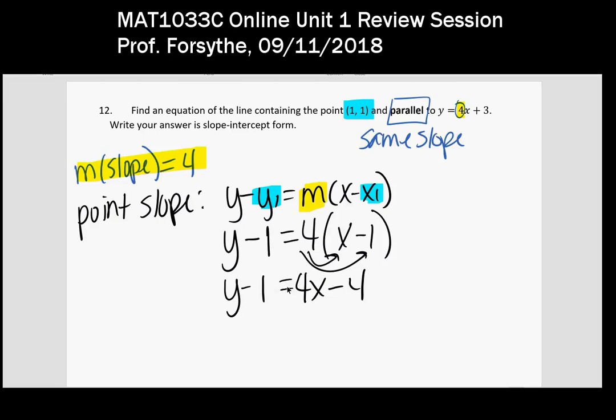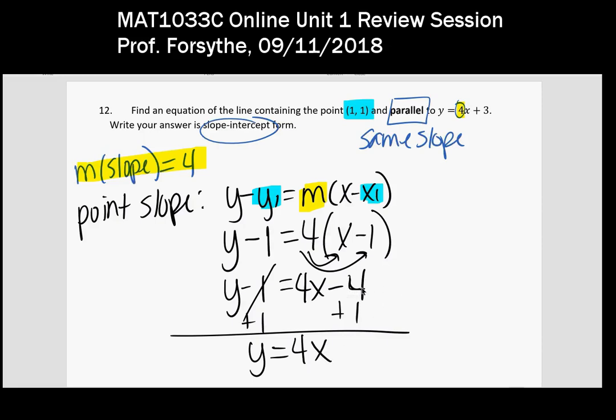So on the left I have y minus 1 equals 4x minus 4. And then I'm trying to put it in slope-intercept form, so I'm going to add the 1 to set it equal to y. So I'm going to have y equals 4x. Negative 4 plus 1 is negative 3. And this will be your final answer here.